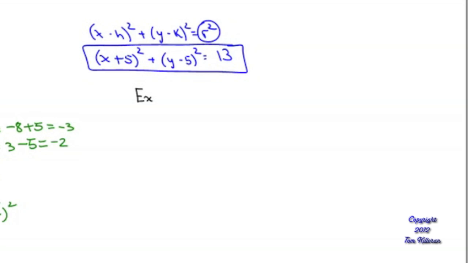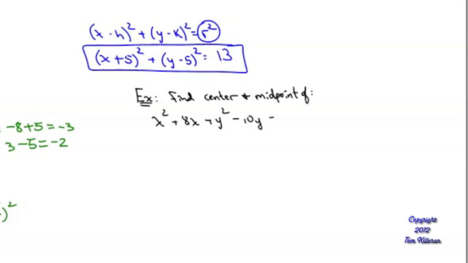How about this one? Find the center and radius of x squared plus 8x plus y squared minus 10y minus 4 is equal to 0.